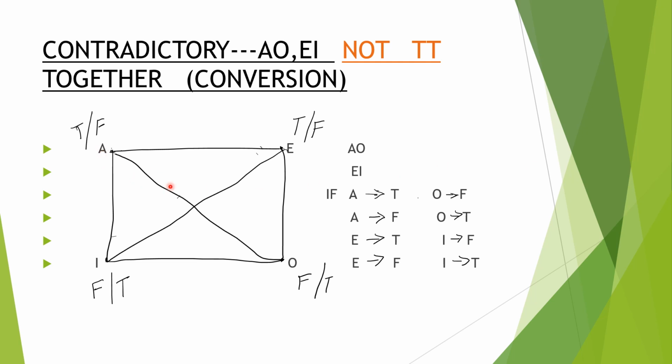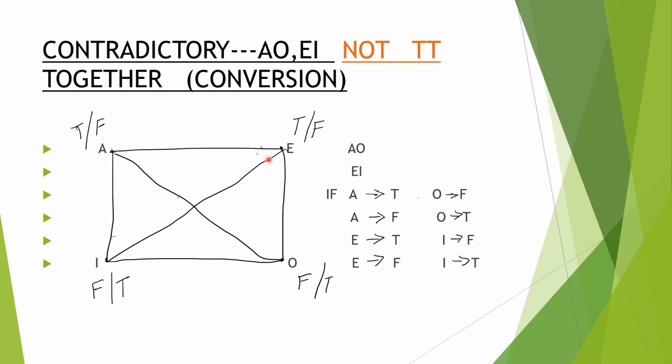So A is the opposite of O, and O is the opposite of A. E is the opposite of I and I is the opposite of E. That is called contradictory. The contradictories are A and O, and E and I.